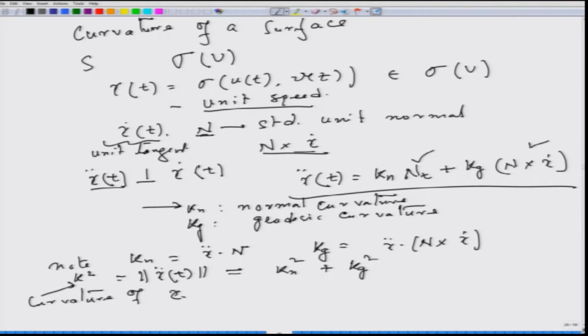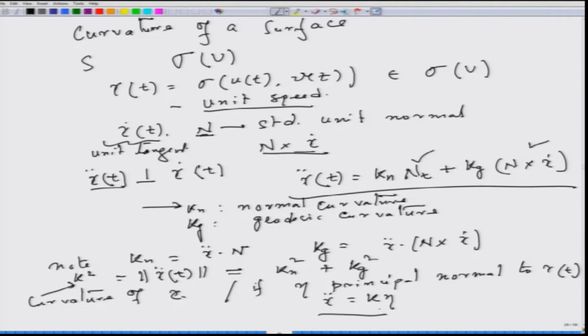Okay. And we also know that if eta is the principal normal of the curve at the point t, then we have the relation, you recall, gamma double dot equal to k eta. This was part of the Frenet-Serret equations that we used in the first week.